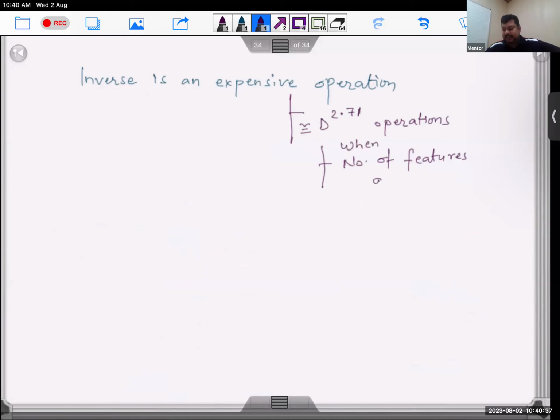When the number of features is large, you do not have enough memory in your computer to solve it. You run out of your computer RAM, because RAM is limited if you compare it with your hard disk. Your computer RAM is just 8 gigabytes, maybe 16, 32, 64, maybe 128, maybe 256 if you are in a cluster. It is not more than that.